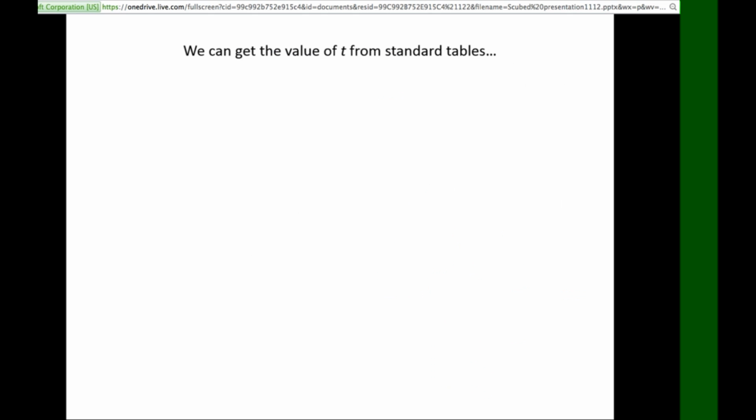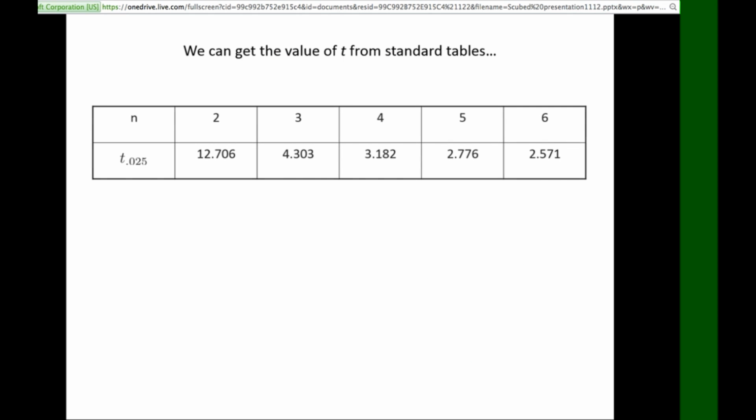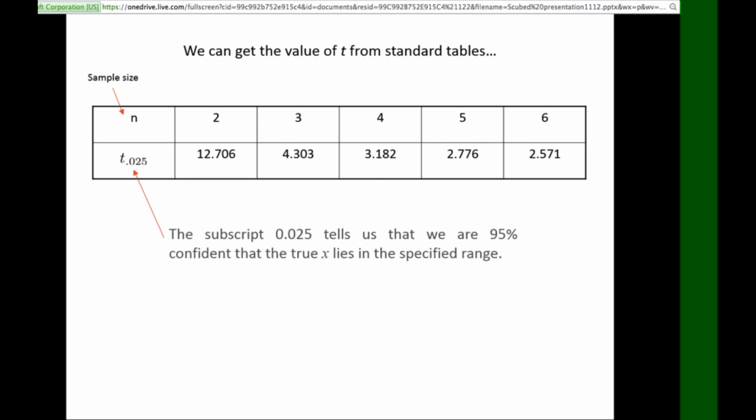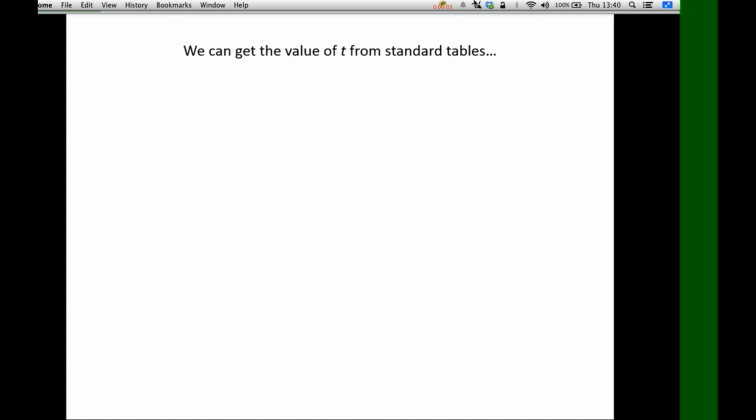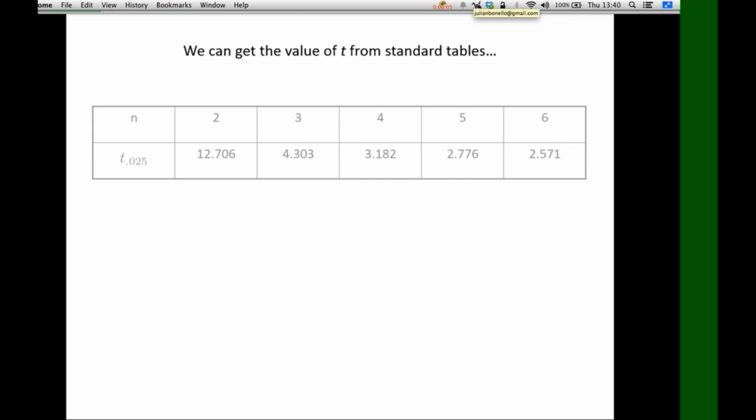We can get the value of t from standard tables. That's the sample size. In this case, we would have to use n equals 2. The subscript 0.025 tells us that we are 95% confident that the true x lies in the range we've specified. We can get the value of t from standard tables.